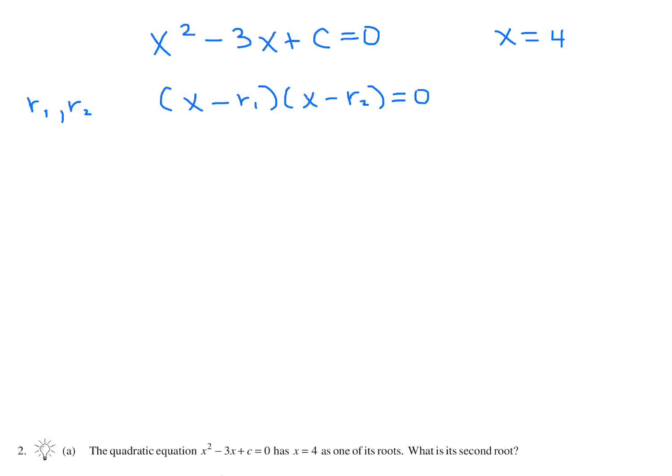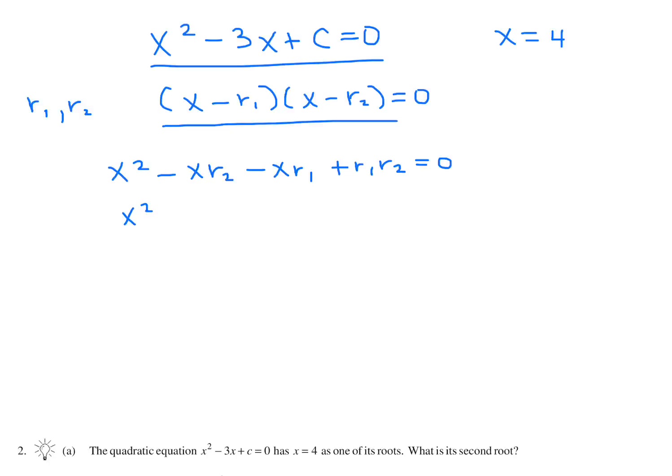And we can expand this guy here: x squared minus x r2 minus x r1 plus r1 r2, like that. And factor this out to make it look like this. So that would be x squared plus (minus r1 minus r2) x, and then that one is just r1 r2.